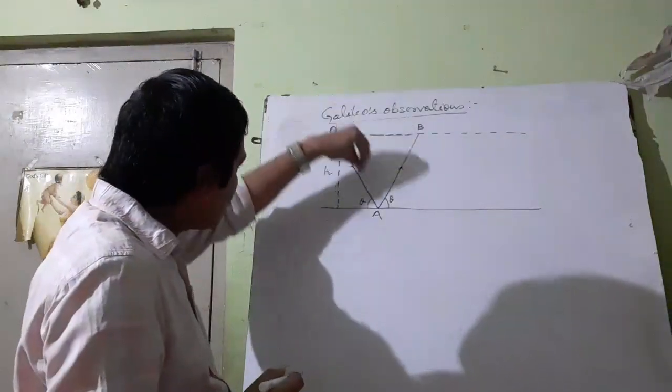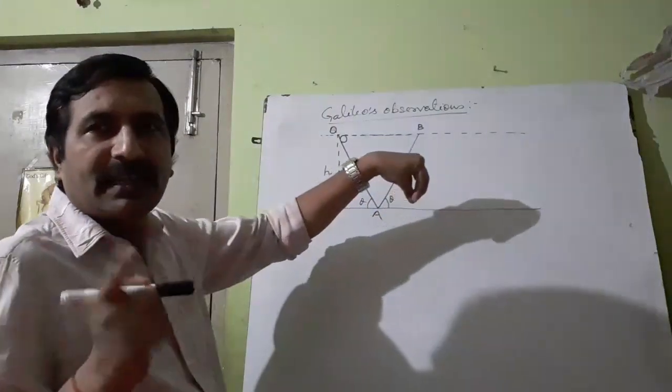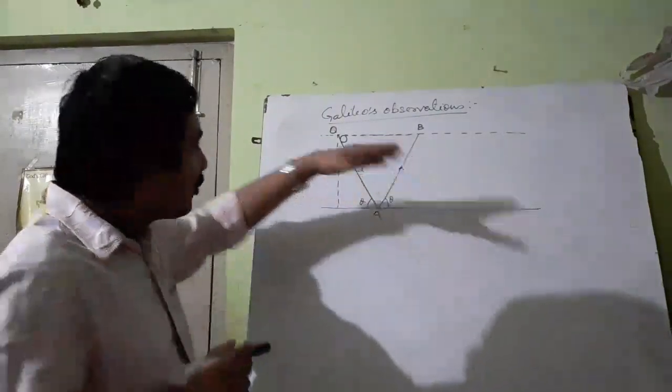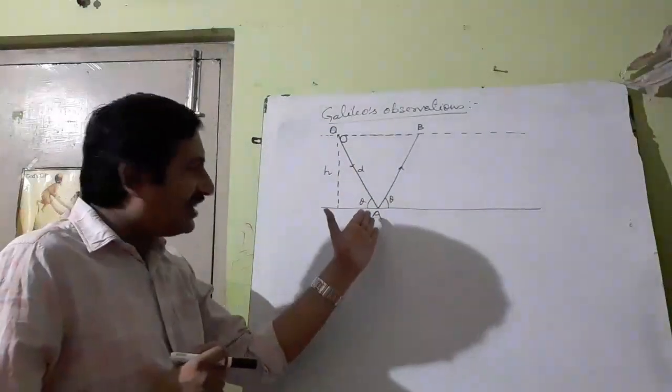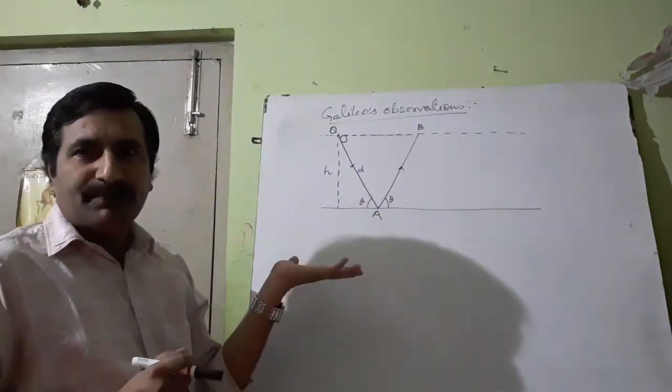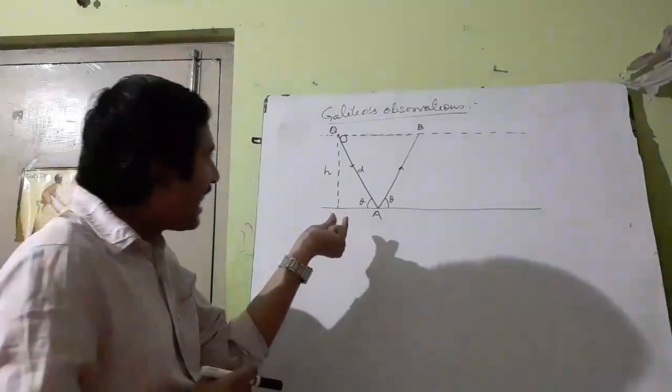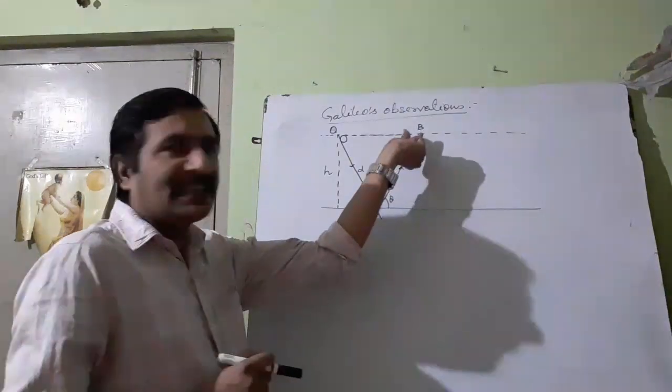The ball reached this point A under the effect of gravity, so its velocity was going to increase. At A, it acquired maximum velocity, and after that it starts moving up the incline.